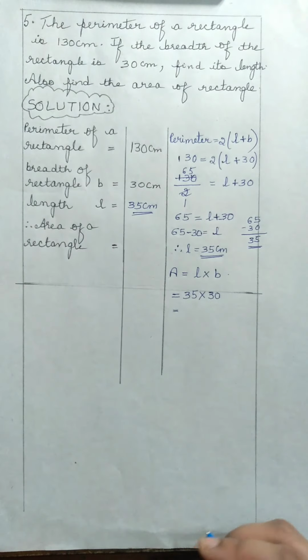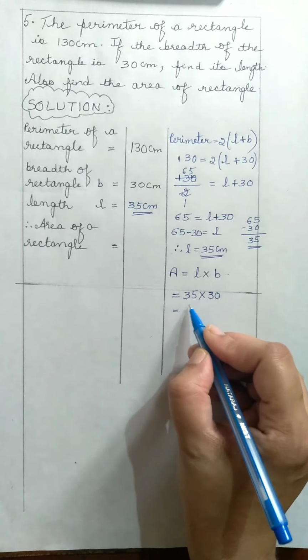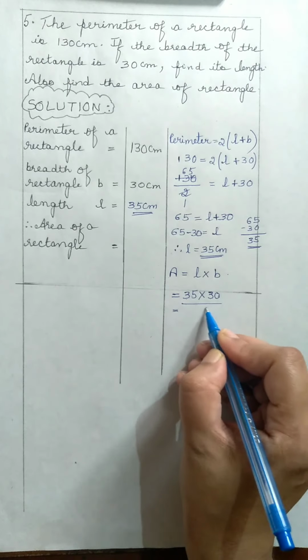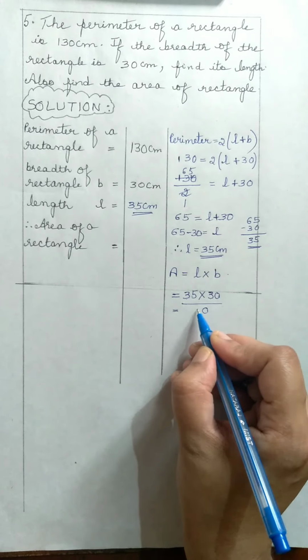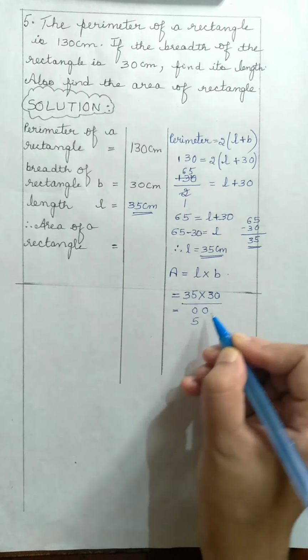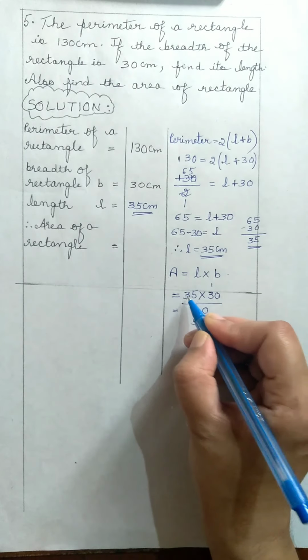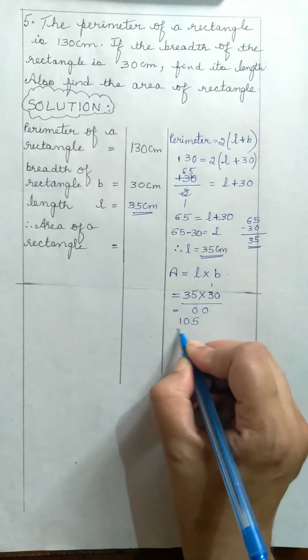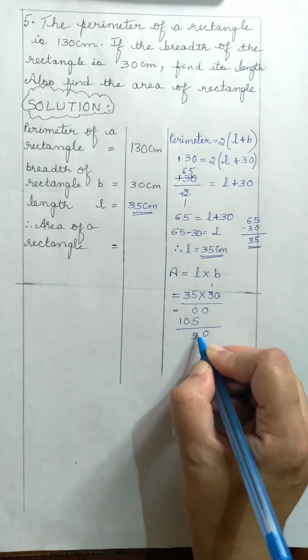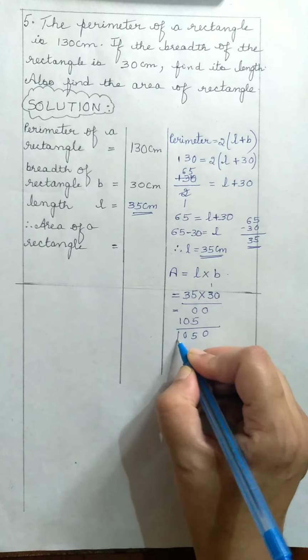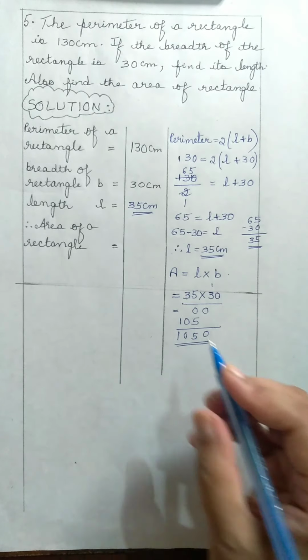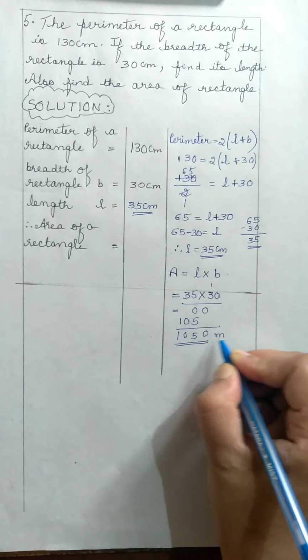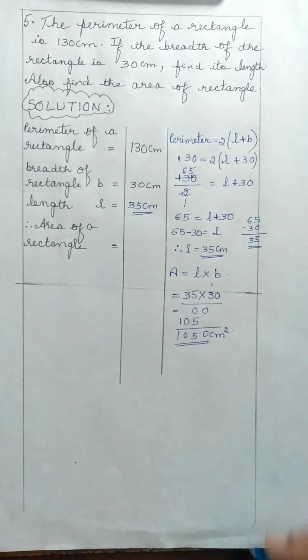Now, when we simplify 35 into 30, 0 5s are 0, 0 3s are 0, 3 5s are 15, 1 is remaining, 3 3s are 9, 9 plus 1, it is 10. Therefore, 0, 5, 0, 1. Therefore, the answer for the area is 1050 centimeter square.